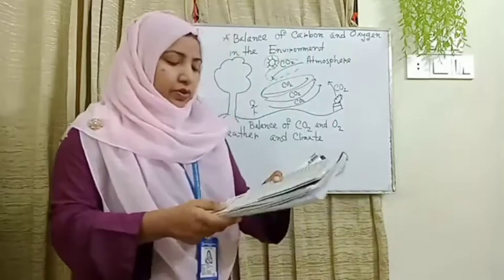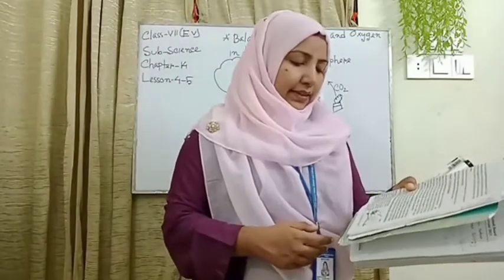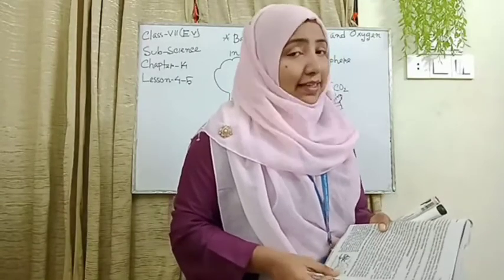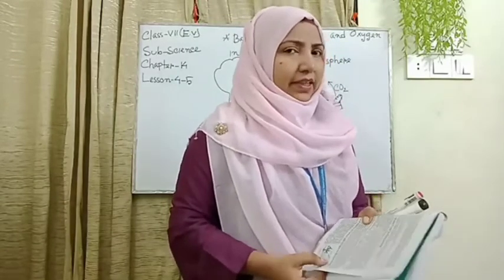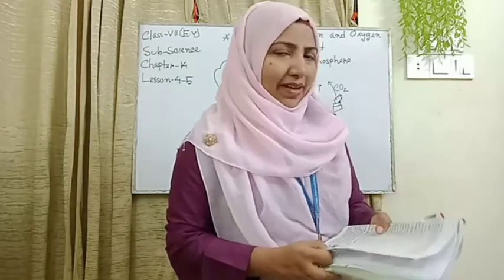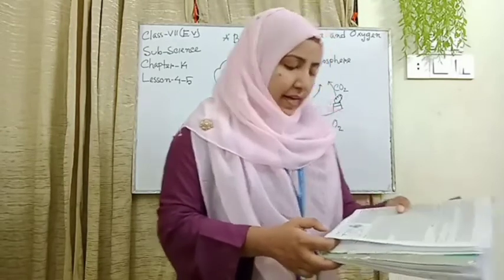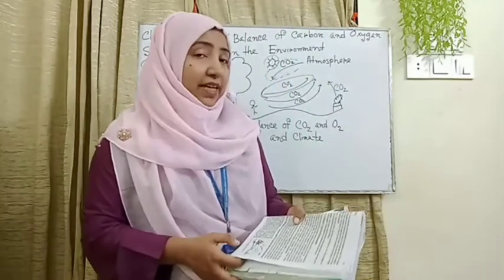Please see the books. In this way, a balance is maintained between oxygen and carbon dioxide in the atmosphere. Basically, in this process, they balance the oxygen and carbon dioxide. This balance in the atmosphere is very important.